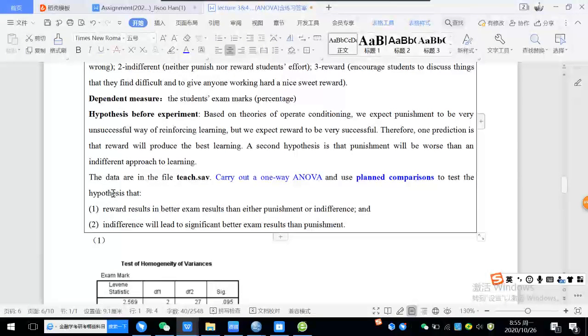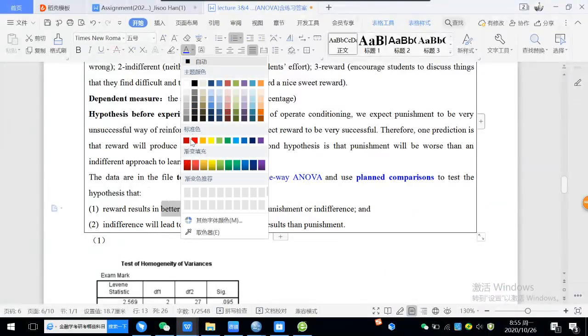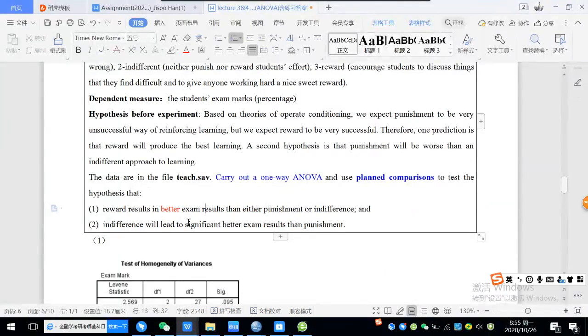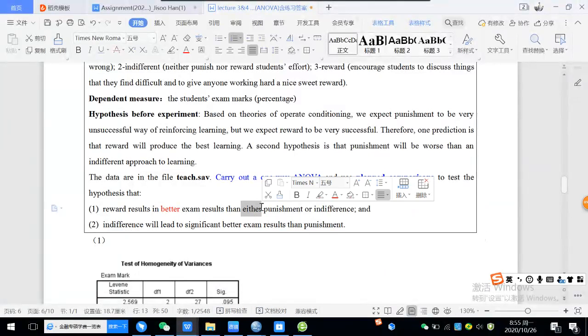The first hypothesis is reward results in better exam scores than either punishment or indifference. Okay, reward results in better, either punishment or indifference.